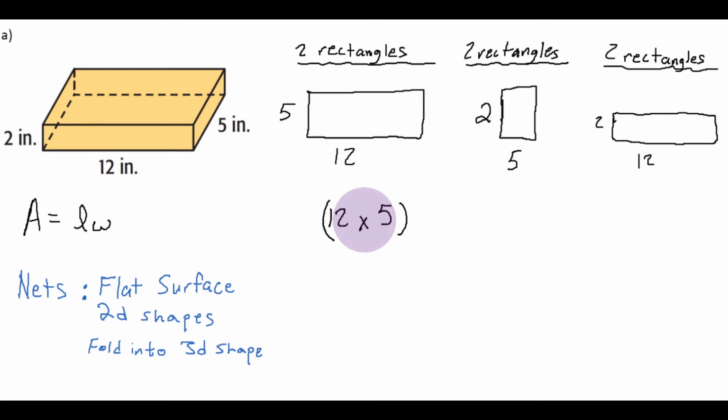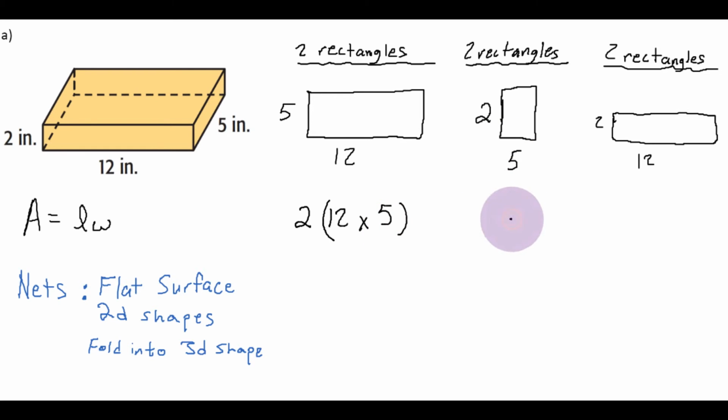If I find the area of this shape, and then I double it, so I'm going to multiply by 2 here essentially, then I found the area of both base shapes. If I do this math for the next 2 shapes, then I should be able to add everything together to find the surface area, which is what I'm going to do.